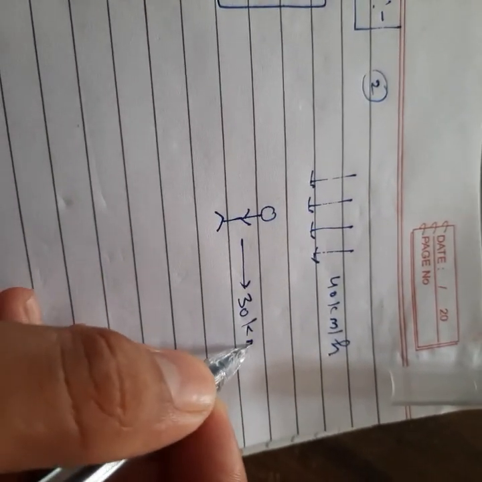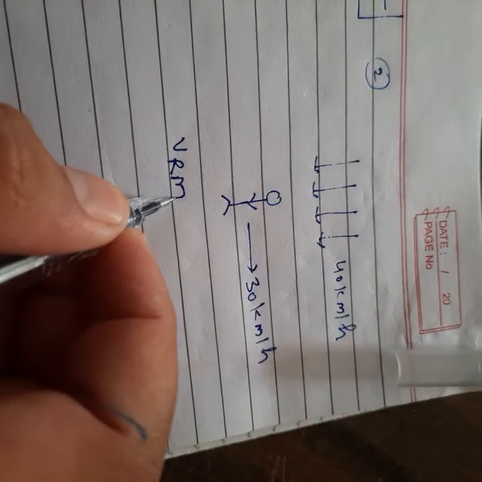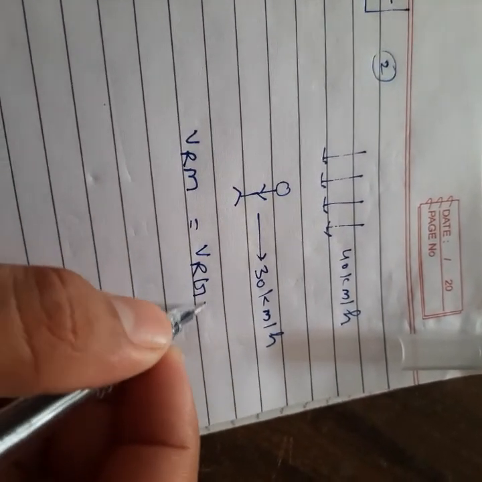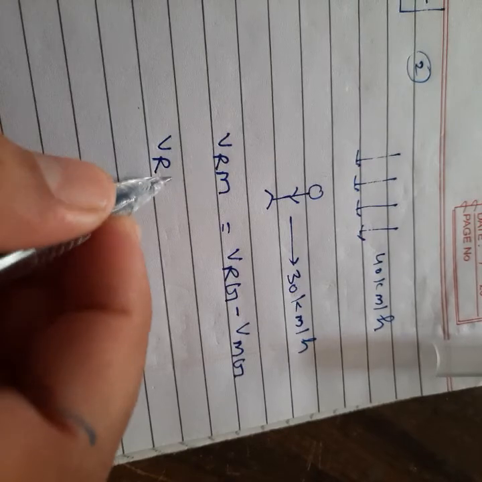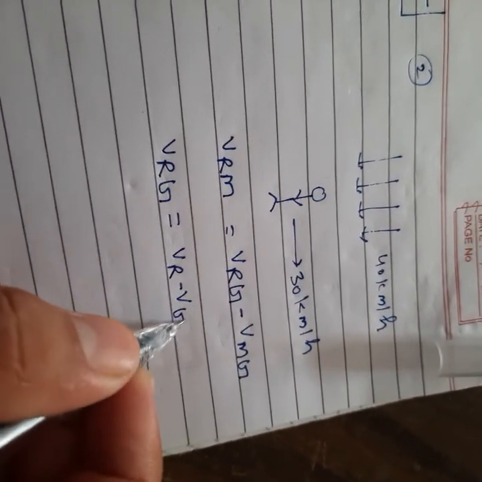He started to run in this direction with the velocity of 30 km per hour. Okay or not? Same thing, we have to find out the velocity of rain with respect to man. So we can say velocity of rain with respect to ground minus velocity of man with respect to ground. Okay or not? Then find out velocity of rain with respect to ground.